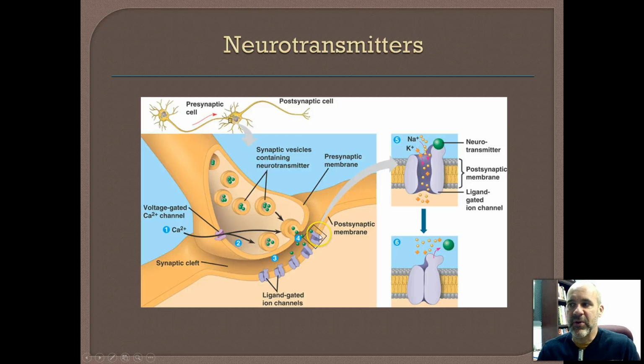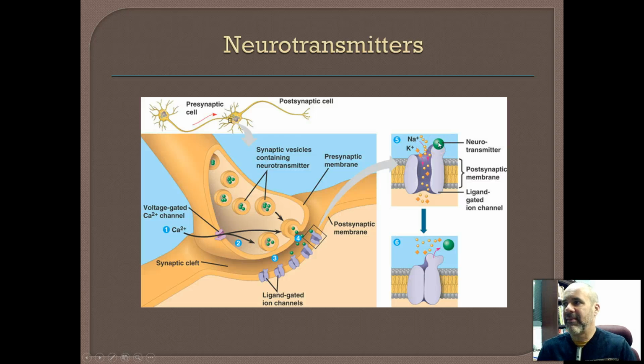Those attach to neurotransmitter receptors that are on your postsynaptic cell membrane over here. Those are generally, not always, but generally ligand-gated ion channels. The ligand is just referring to the neurotransmitter. When that binds, it causes the channel to open.